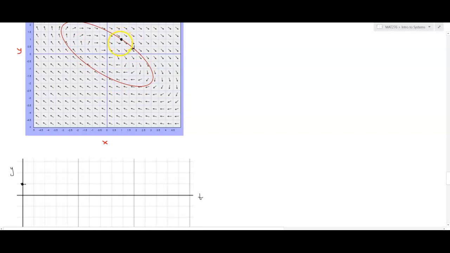From here to about here, the y value decreases. Up until about here, y continues going down, and then from there, y starts to go back up again. So you have to visualize this in 2 dimensions. From here down to this point, right about here somewhere, the y value is going down.